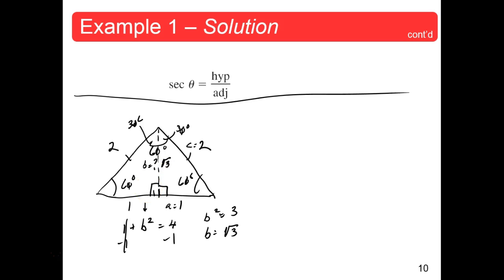Now, we can do what they ask us to do, and that was find the sine of 60 degrees, the cosine of 60 degrees, the sine of 30 degrees, and the cosine of 30 degrees. Okay, how would we find the sine of 60?